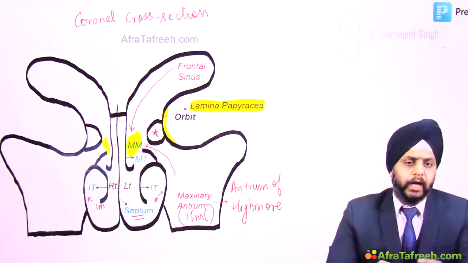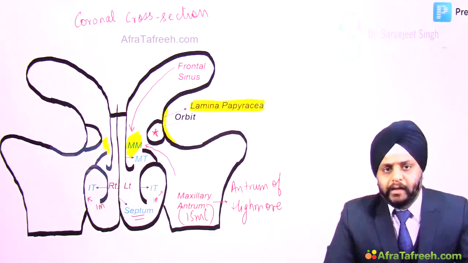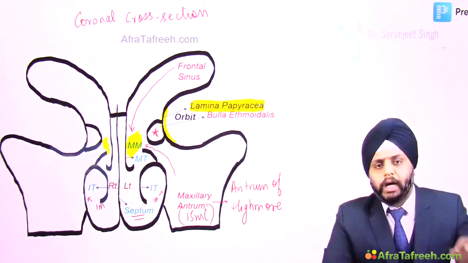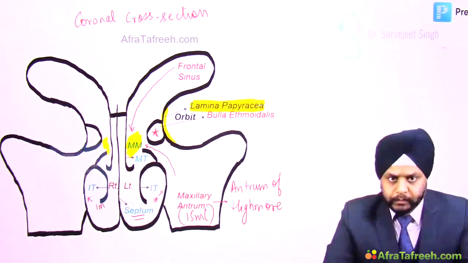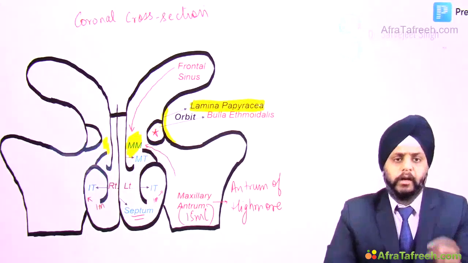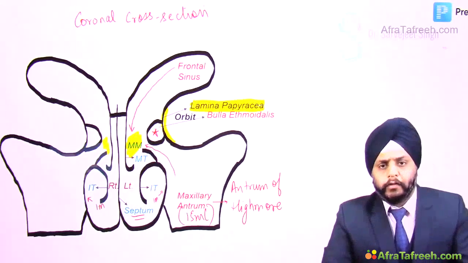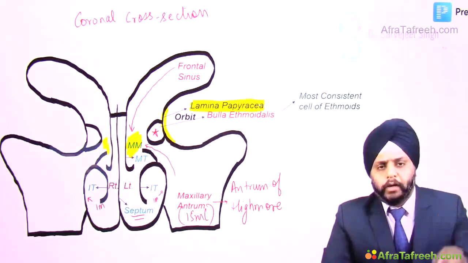So for the beginning, I have drawn only one air cell, and you see this cell is known as bulla ethmoidalis. This is the most consistent air cell of ethmoids. Most consistent air cell of ethmoid, bulla ethmoidalis.